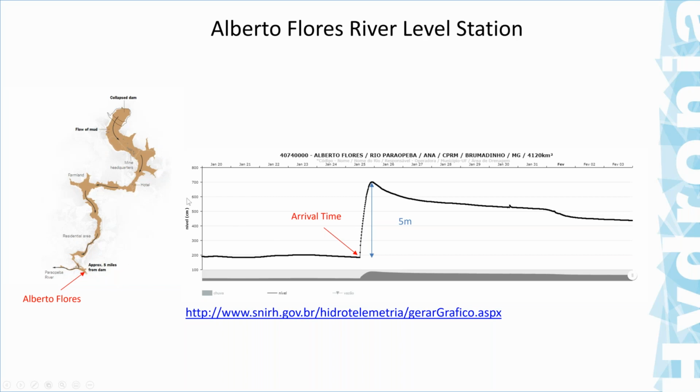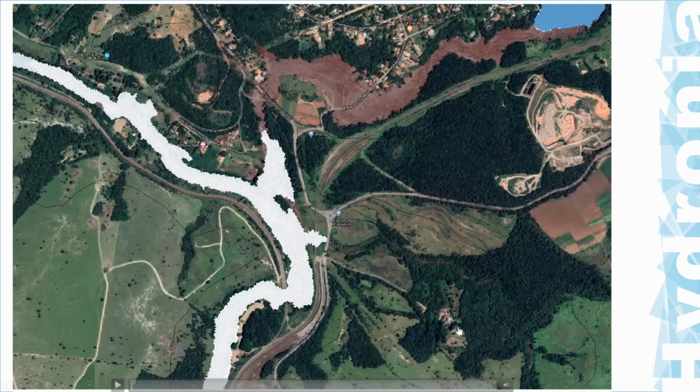So this is what actually happened and was captured by the gauge that existed at that location in the river. Now, what happens in the simulation? I want to show you, this is the initial concentrations, that is 0 in the river, Paraopeba River.